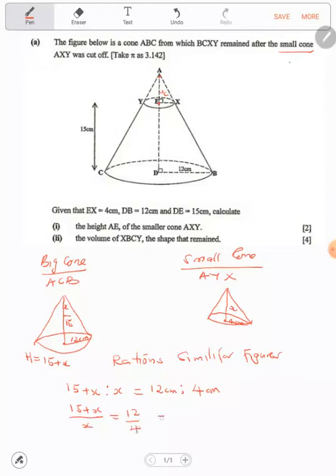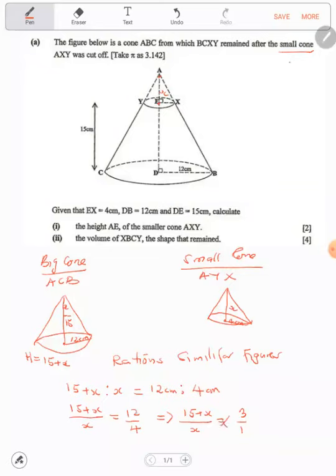Now we continue. 15 plus x over x equals, reducing 12 over 4, 3 over 1.